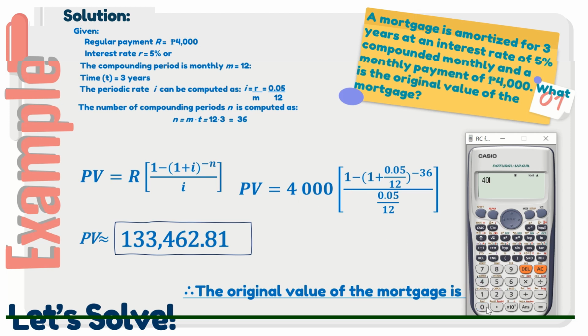Press nyo 4,000, then open parenthesis, then fraction, then for the numerator you have 1 minus, open parenthesis, then 1 plus, fraction ulit, then 0.05, down arrow for the denominator 12, right arrow for the close parenthesis, then x raised to box for the exponent, then negative 36, then down arrow for the divisor, fraction yan ulit, then 0.05 for the numerator, down arrow for the 12 denominator, then right for the close parenthesis.